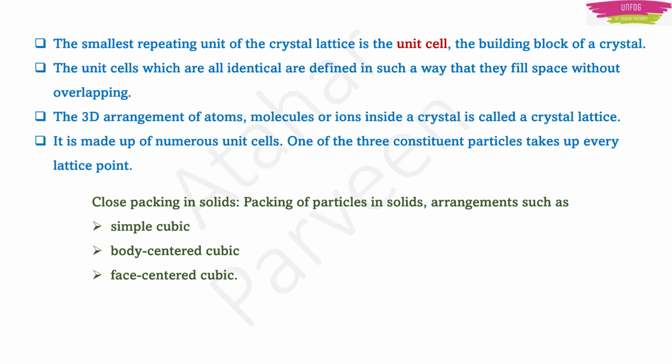Now, packing of particles in solids can be of many types. In this syllabus, we have only three types: simple cubic, body-centered cubic, which means BCC, and face-centered cubic, which means FCC. These are the types of arrangements with which the solids are packed closely.